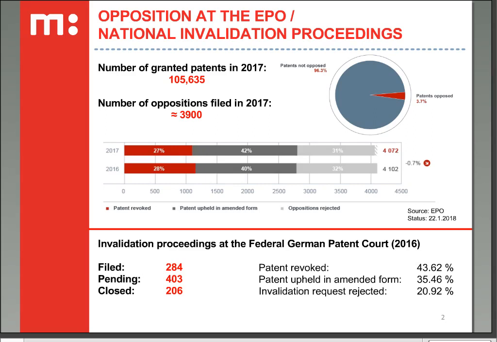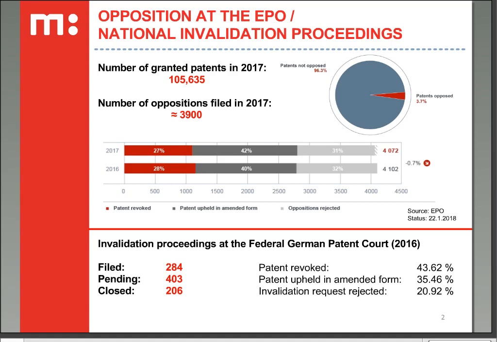The situation at the European Patent Office is a bit different. We have not 1% of patents opposed. In 2017, as you can see, we have 100,000, a bit more patents granted by the EPO. And the number of oppositions filed was about 3,900, it's 3.7%.